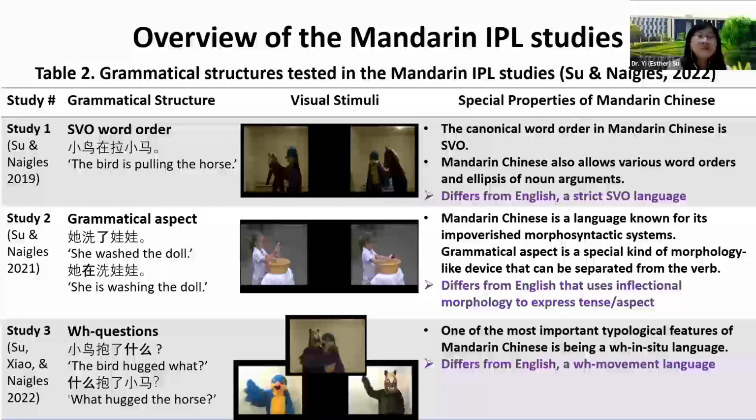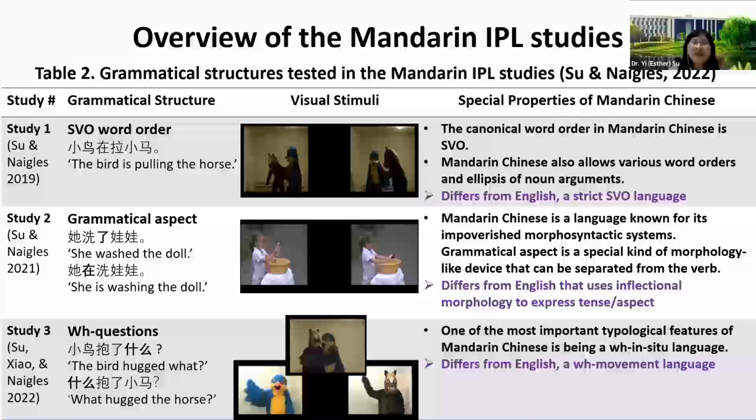For our study 2, we tested grammatical aspect, like 他洗了娃娃, with the perfective marker 了, and 他在洗娃娃, with the progressive marker 在. In Mandarin Chinese, we do not have a lot of morphosyntactic systems, but English is not so rich either.